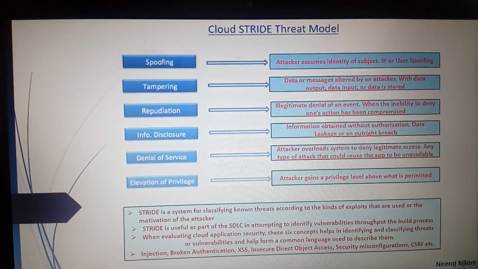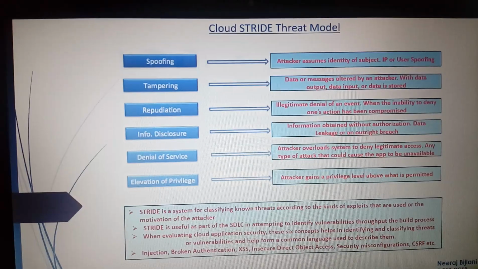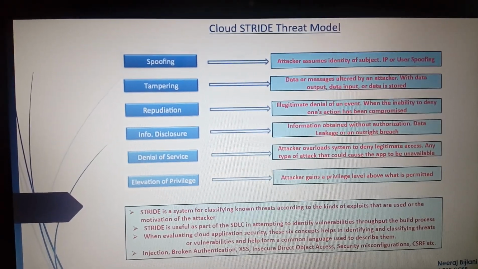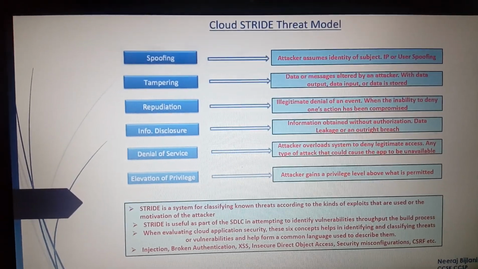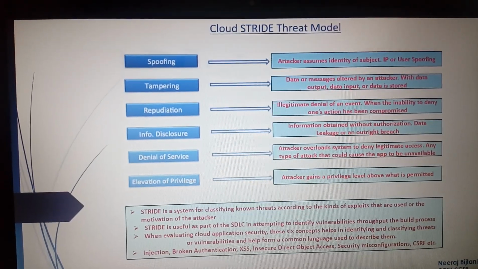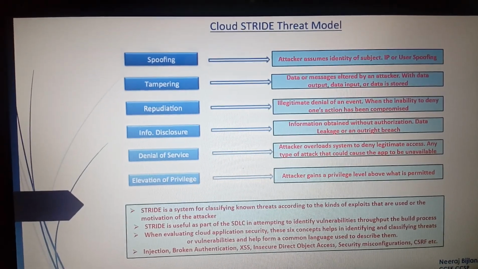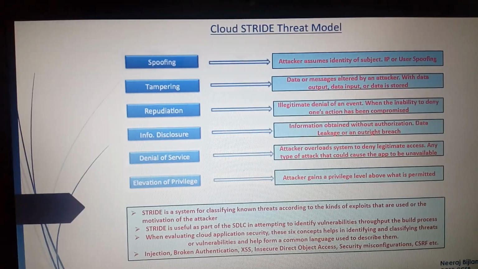All the illegitimate connections are going to the application, but there is no output. Denial of service is the most common attack on applications where the service is unavailable, and cloud is meant for service availability, so this should be kept as a top priority, right?